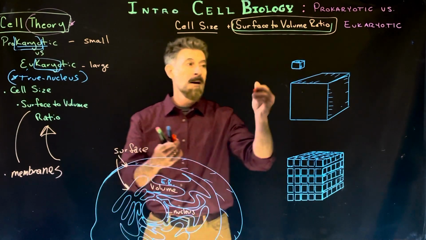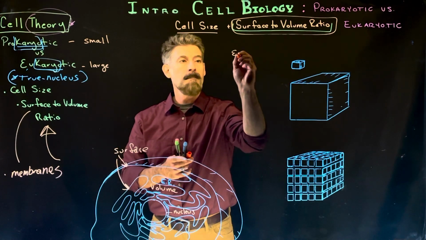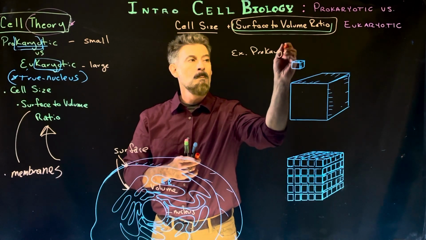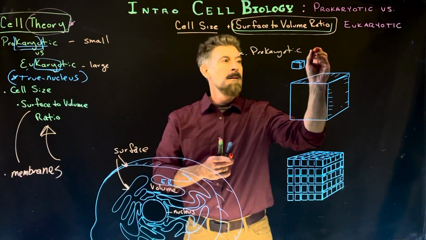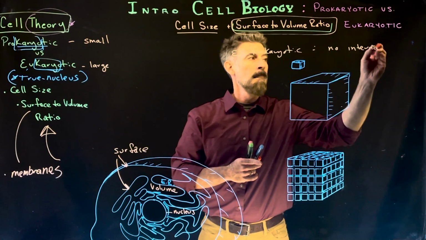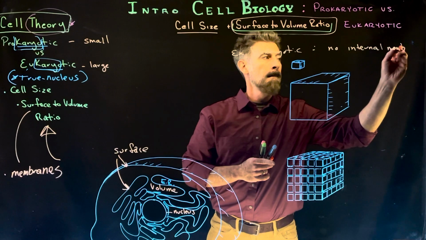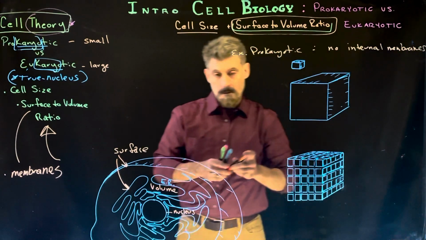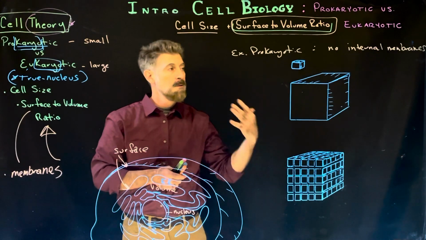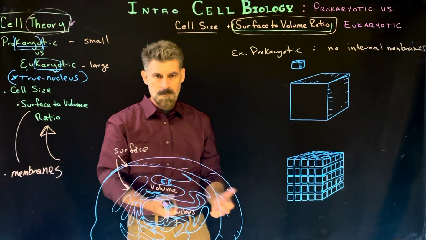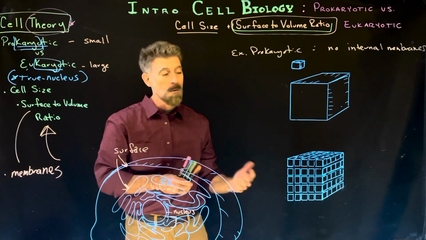Now for the prokaryotic cells, our example here, let's say a prokaryotic, they have no internal membranes. And if you take a microbiology course, you'll find that it's basically true in the sense of what we define as a membrane and all the proteins associated with membranes and so forth.